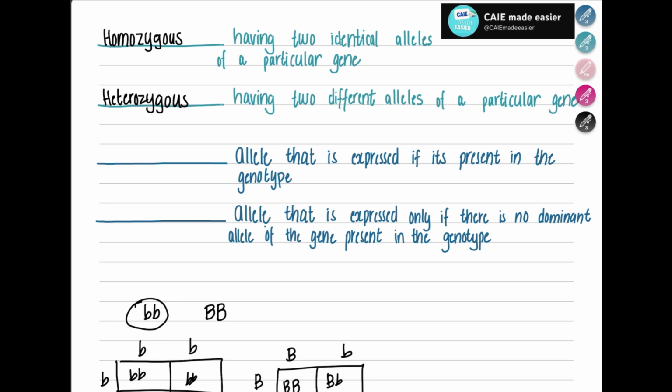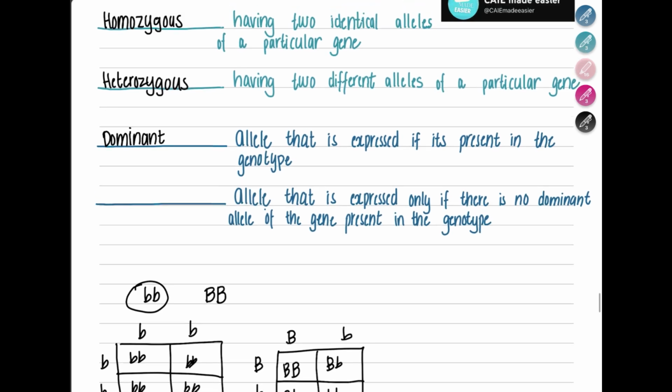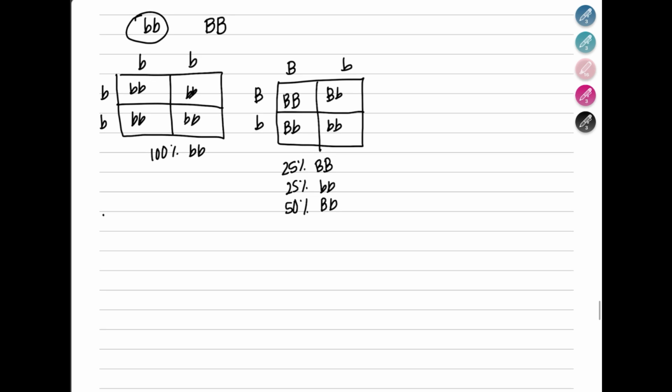Next, an allele that is expressed if it is present in the genotype. That means it's going to be dominant. So whether our organism is homozygous or heterozygous, this is going to be expressed. For example, let's say B is black fur and small letter b is brown fur.